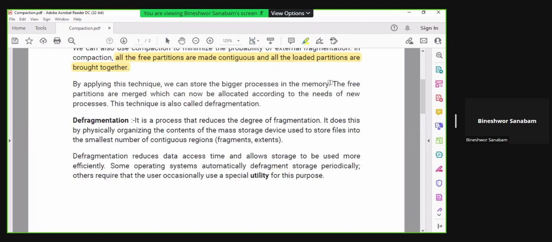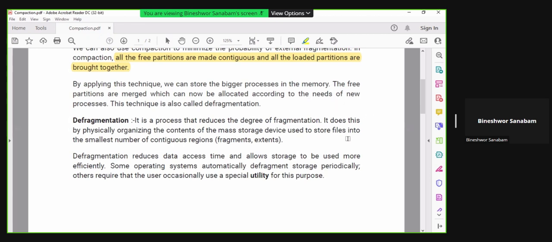With the technique of compaction and defragmentation, we can reduce to some extent the problem of external fragmentation. We have other techniques also, like paging, which we will discuss later. So defragmentation is also one technique where we try to reduce the level of external fragmentation.